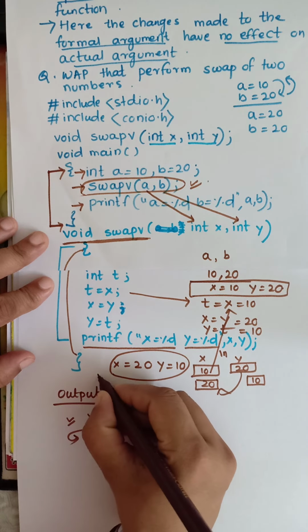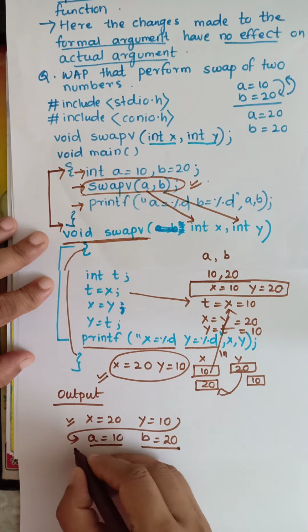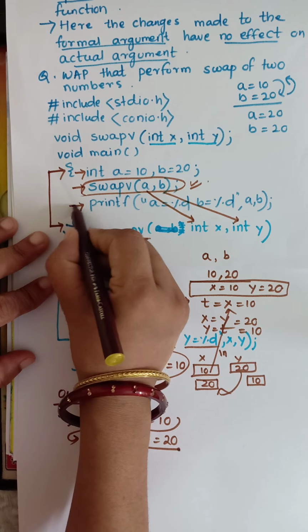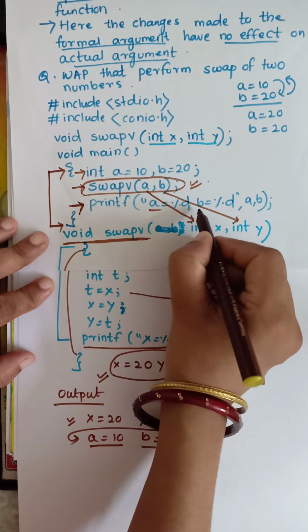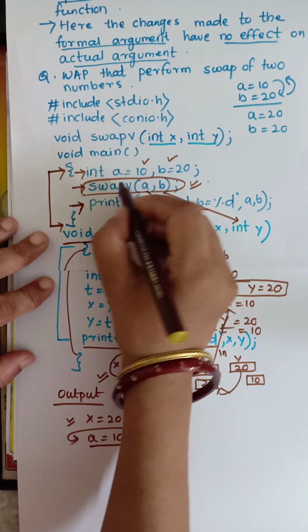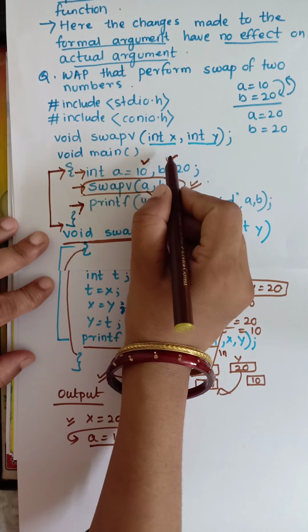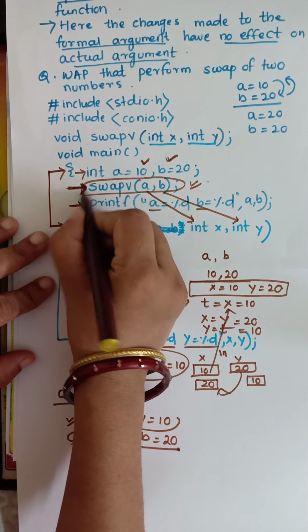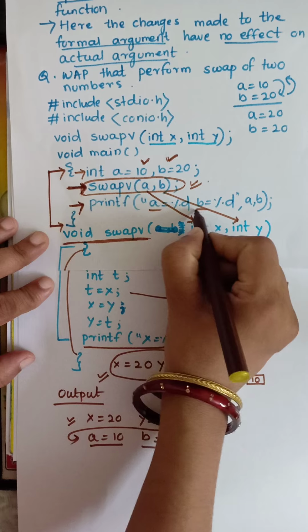Now the values are changed, but that does not affect the actual argument, because after this line if we execute this, the values are the same as before we input them to the computer. Okay, after this function call, the values are not changed.